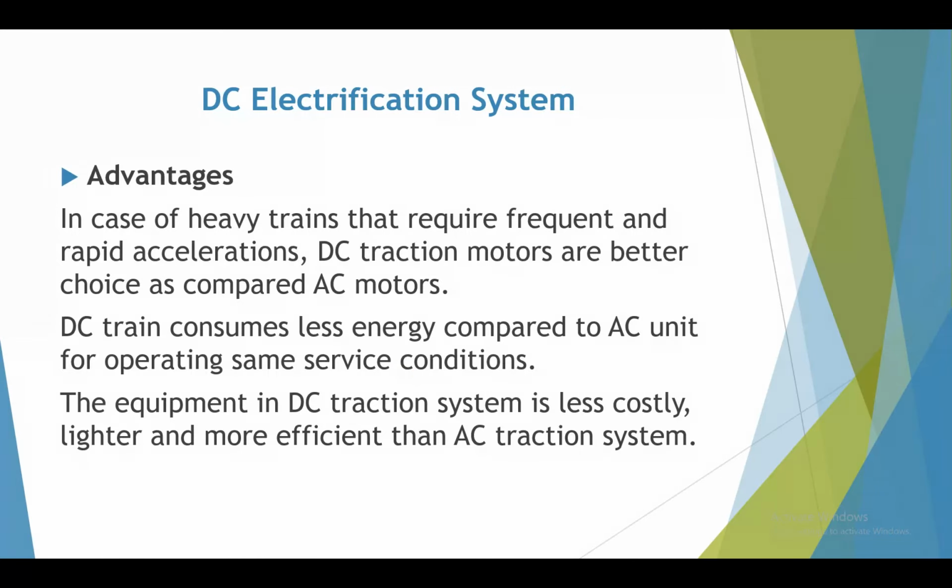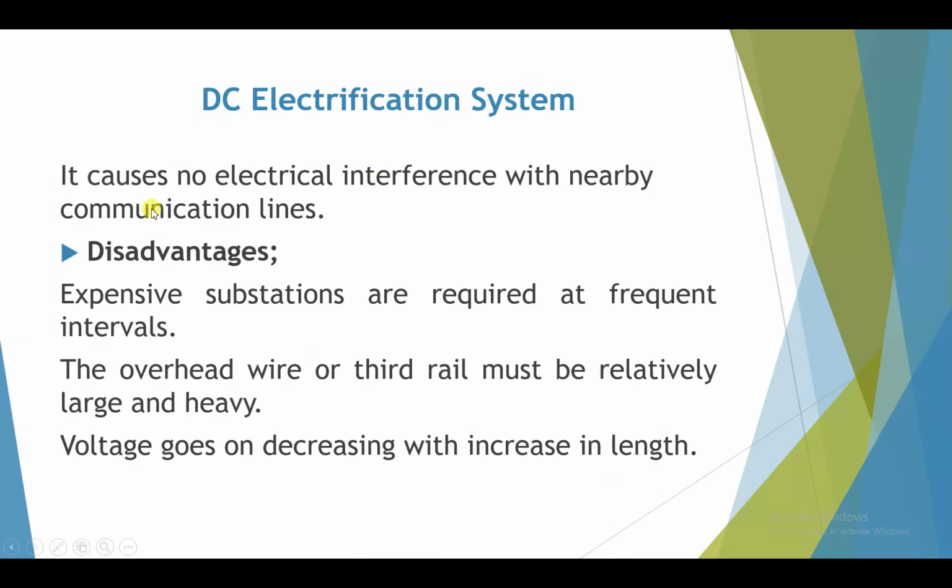The equipment in the DC traction system is less costly, lighter, and more efficient than the AC traction system. It causes no electrical interference with nearby communication lines.